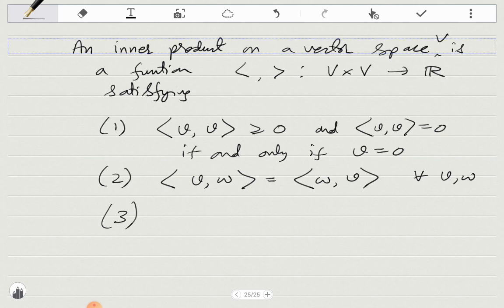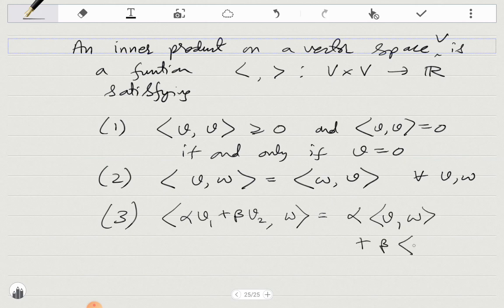So the inner product of alpha v1 plus beta v2 with w equals alpha times the inner product of v1 with w plus beta times the inner product of v2 with w. Using property 2, one can see that the same property holds in the other variable.